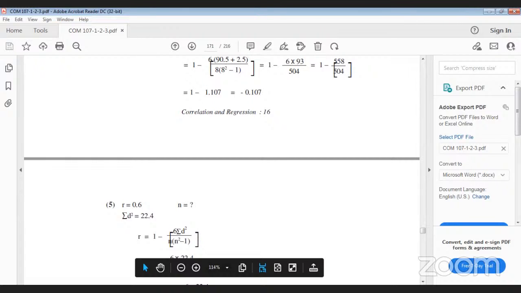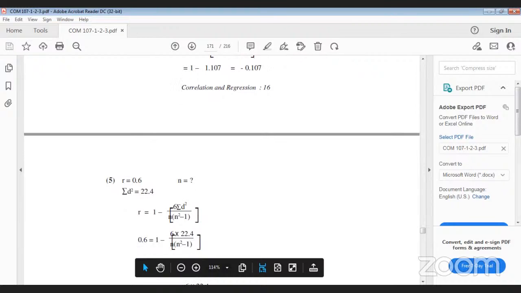Here r is equal to 1, that formula should be there. R is equal to 1 minus 6 into bracket 6 summation T square upon N into bracket N square minus 1 bracket complete. Then the correlation given is 0.6, so the answer is 1 minus 6 into 22.4 upon N into bracket N square minus 1 bracket complete.